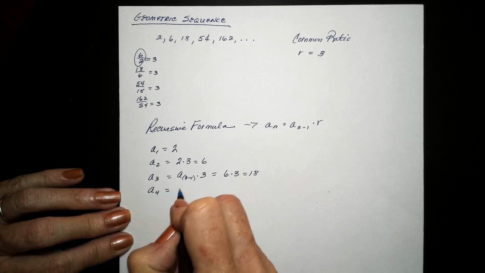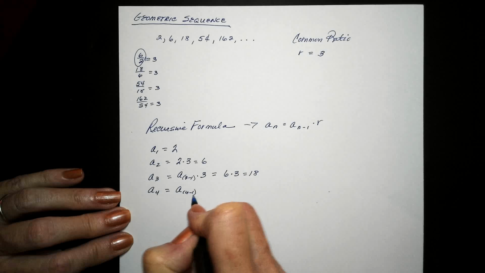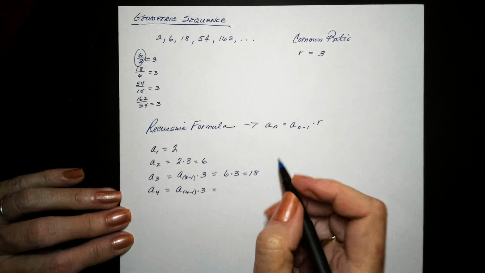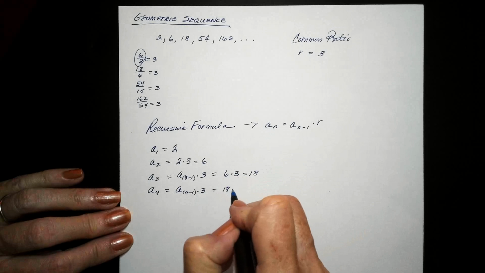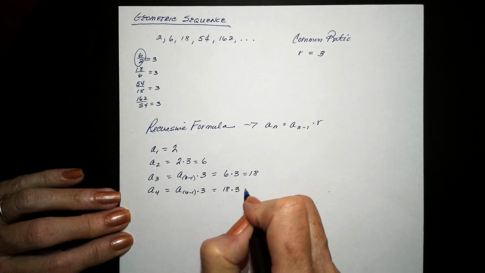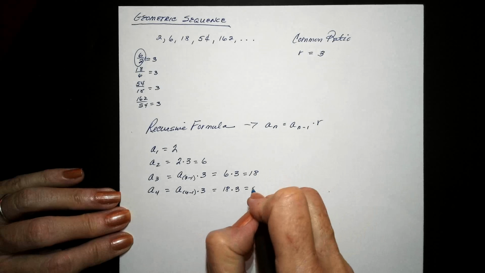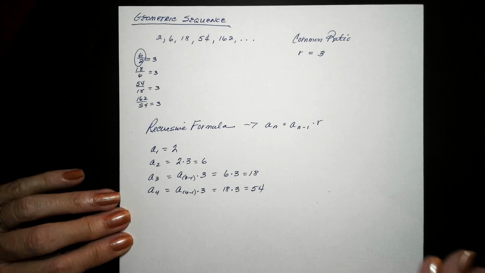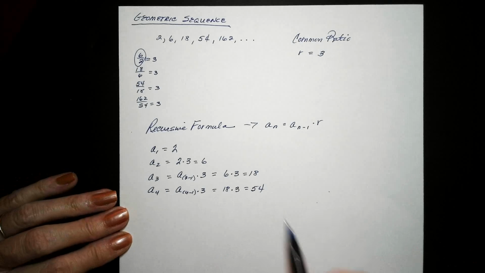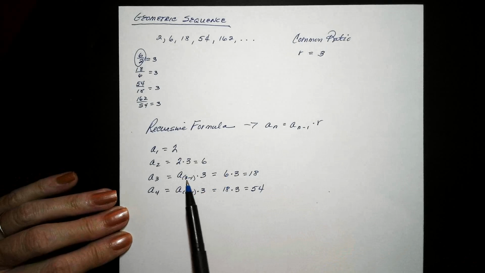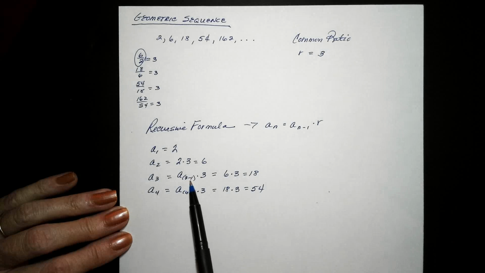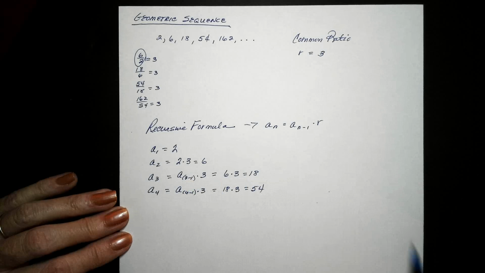A4 then is going to be A4 minus 1 times 3, which is 18 times 3, which is 54, etc. Just like we did in the arithmetic sequence. There's no difference. We have to know the term before in order to build onto our sequence.